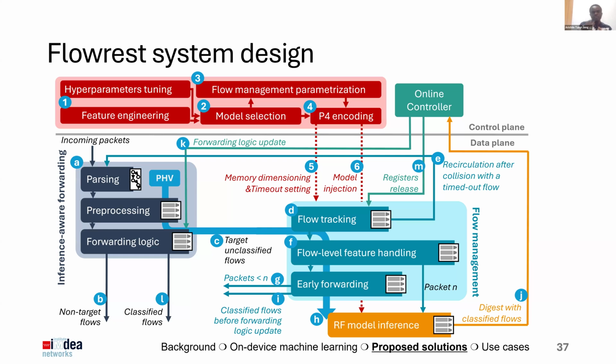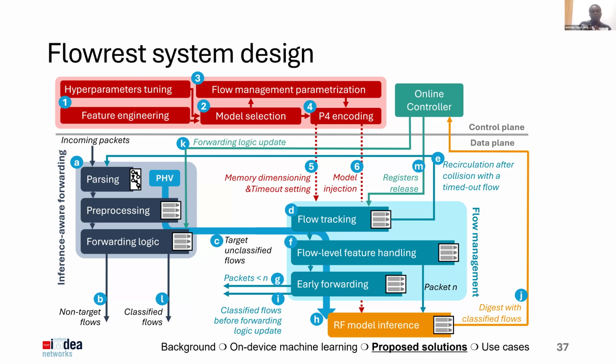But even before that, there are many steps that we take, okay? We begin with the hyperparameterization, right? If we are deploying a random forest model, we want to know the number of estimators that we want to use, the maximum depth of the trees, and things like that. So we run grid searches to select all these different parameters.